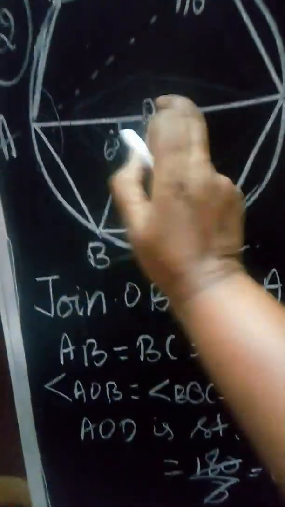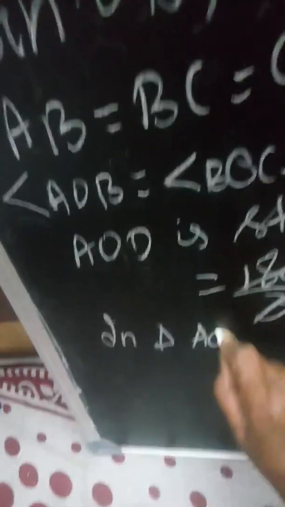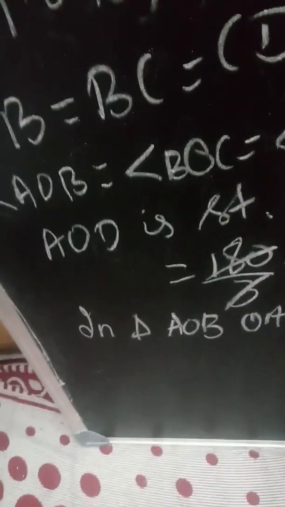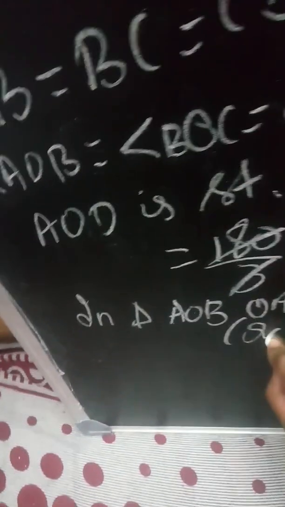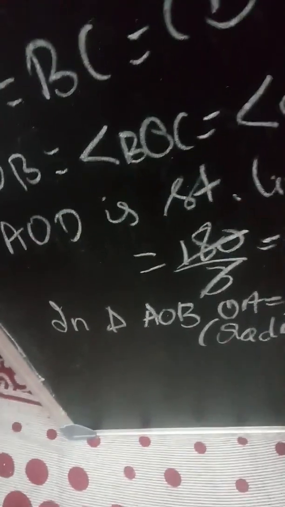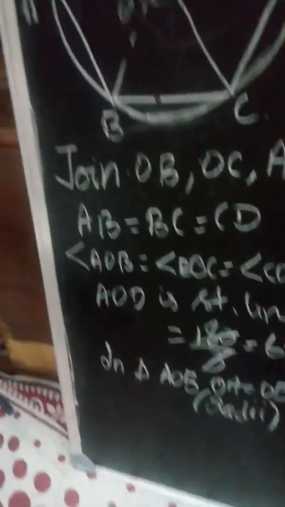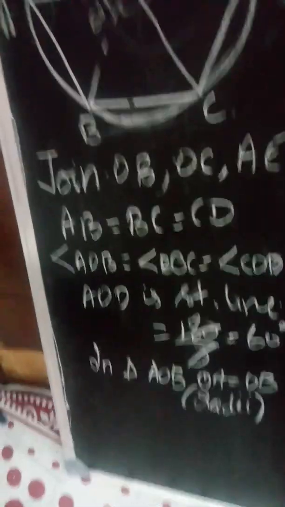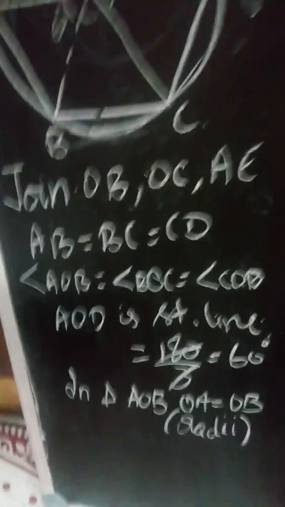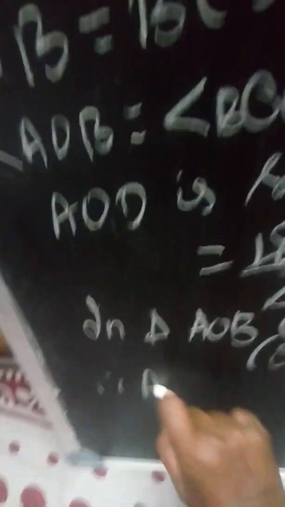So in triangle AOB, OA is equal to OB. Why? Radii of the same circle. So they are equal. Now since these two sides are equal, triangle AOB is an isosceles triangle. Therefore, AOB is isosceles.